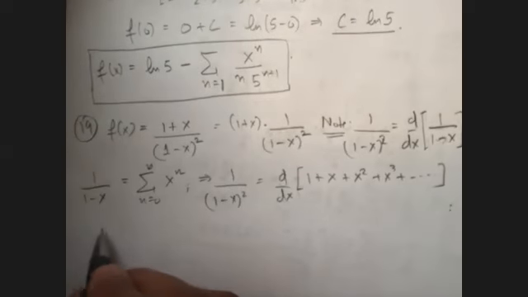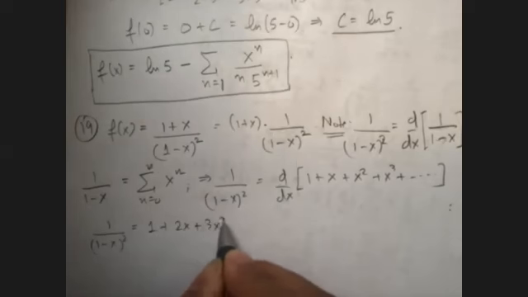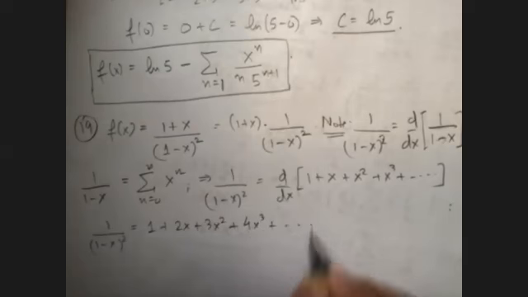So we get, the first term is 0. You get 1 plus 2x plus 3x squared plus 4x cube and so on.